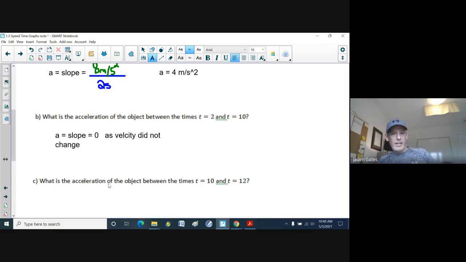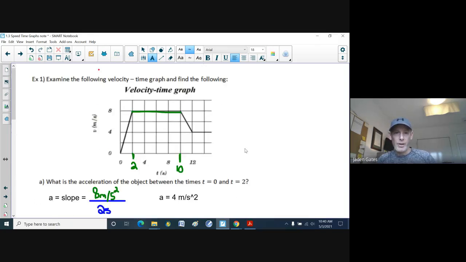What is the acceleration of the object between 10 and 12 seconds? All right, so again, I look at 10 to 12. I'm going to look at the slope. So again, I look at the run. So I'm going over. That's my purple line here. I guess now I'll go back down.